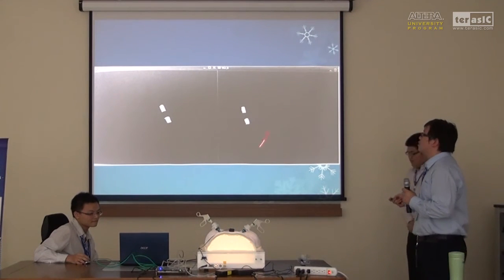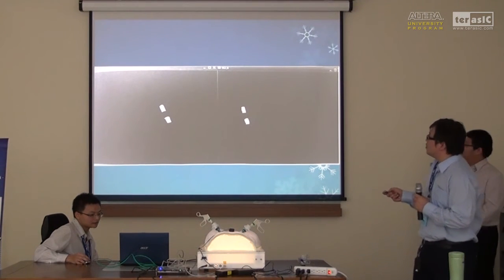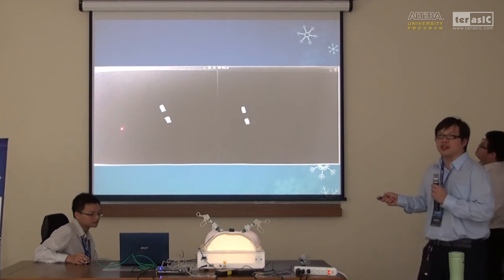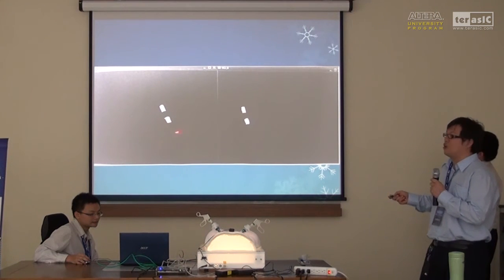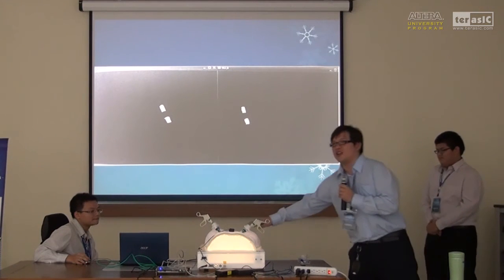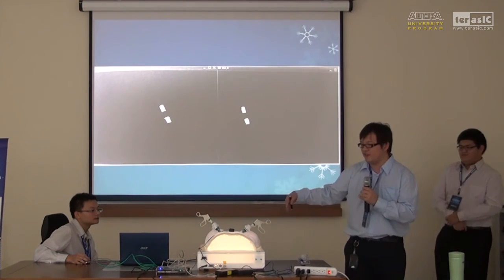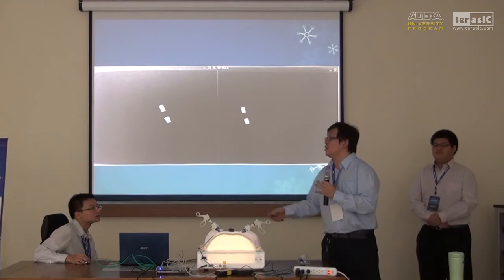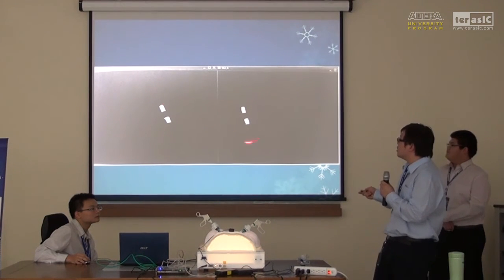Okay, this is our result. This picture is before doing the erosion and dilation. And after this, because in our system the light is very balanced, you can see probably it's not different.